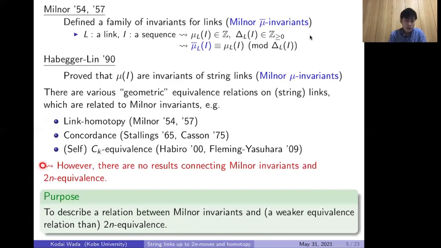However, there are no results connecting Milnor invariants and 2n-equivalence. This is the motivation to study a relation between Milnor invariants and 2n-equivalence. In this work, we gave such a relation. So the purpose of this talk is to describe the relation between Milnor invariants and 2n-equivalence.